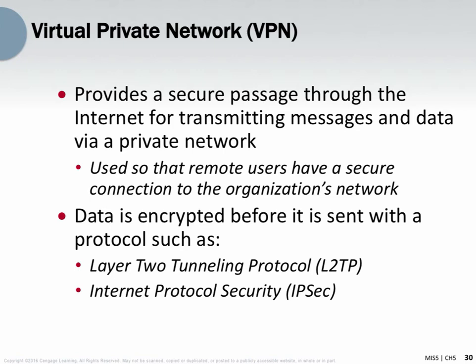Next is a VPN. And we looked at this earlier when we called it a proxy, because a proxy is where we are connecting our network to another computer network, and then that network allows us to gain access to the internet.